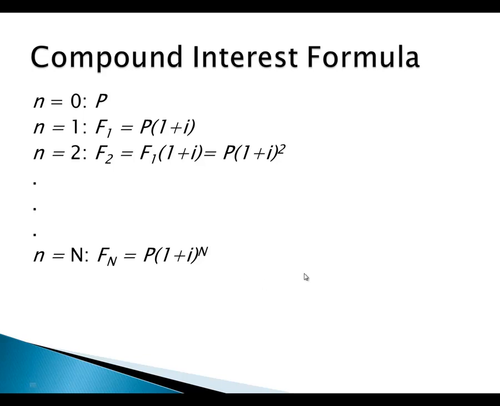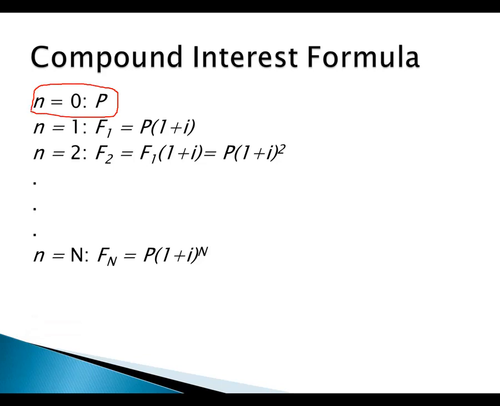So if you look at the compound interest formula, we need a formula for that. How would that formula work if we are using the compound interest rate and we need to calculate the future value based on that compound interest? For year 0, or the initial amount, at time 0, the amount will be the principal amount.